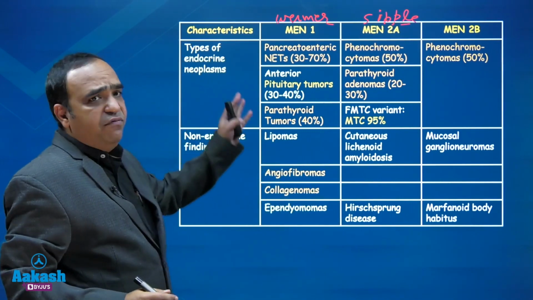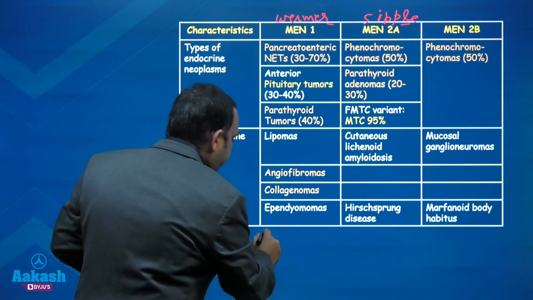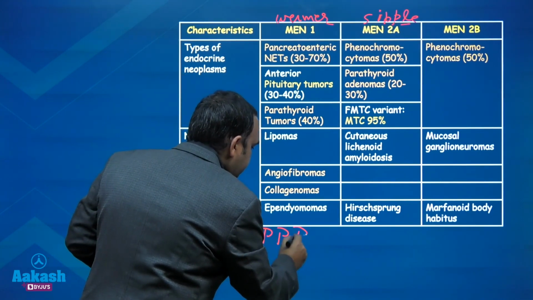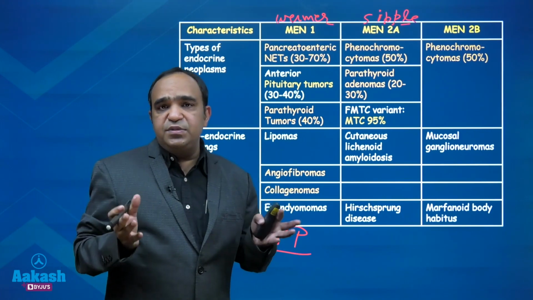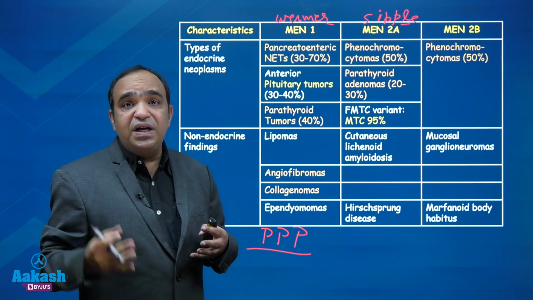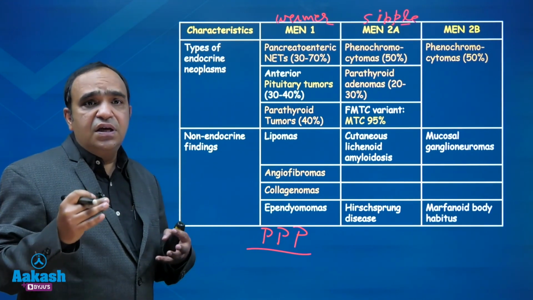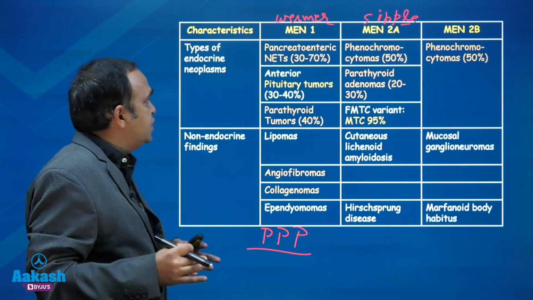Okay. Now MEN 1, the way I remember it is triple P. Basically MEN, as the name suggests, multiple endocrine neoplasia. So it's a combination of multiple endocrine tumors along with some other non-tumorous manifestations, right?